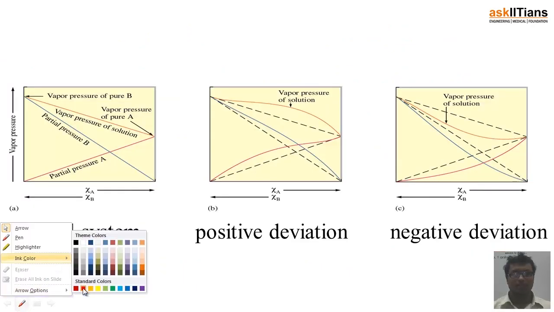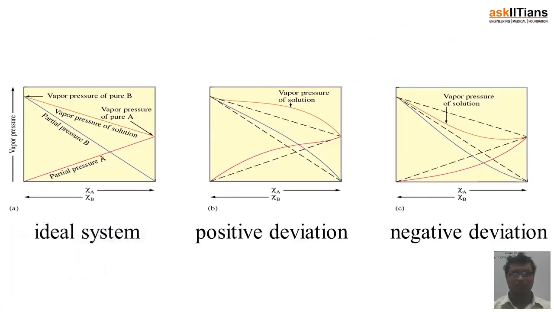This slide gives you a clear picture in a graphical manner. We know the graphical representation of an ideal solution. The vapor pressure of the solution depends on the partial pressure of A and partial pressure of B, right? We have discussed this. Now when you have a positive deviation, the vapor pressure of the solution is increasing.